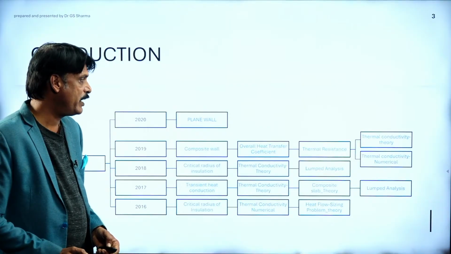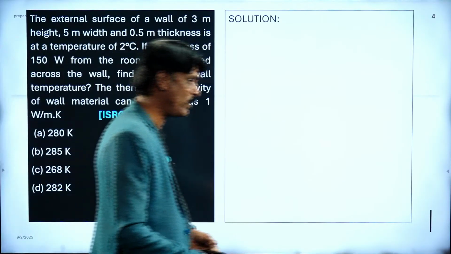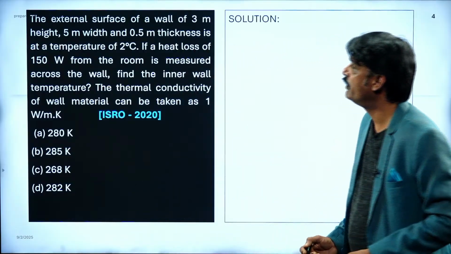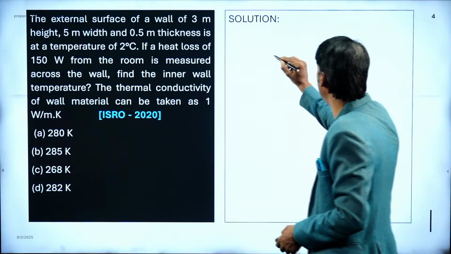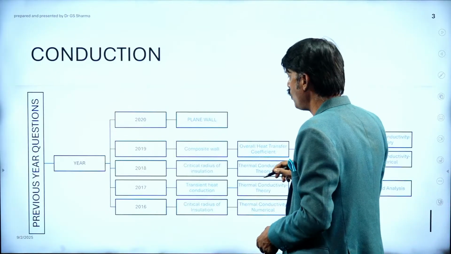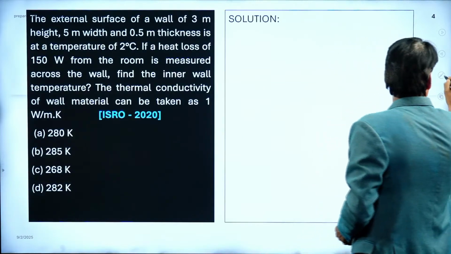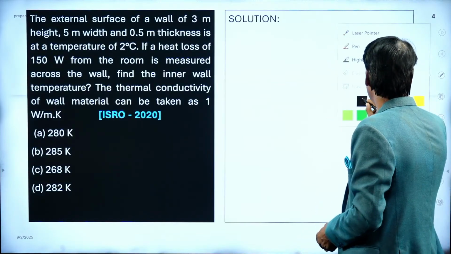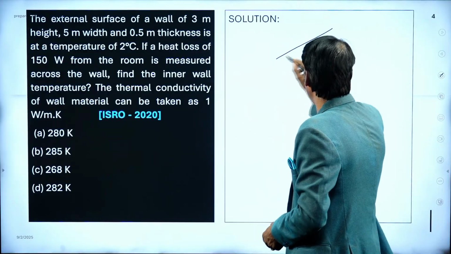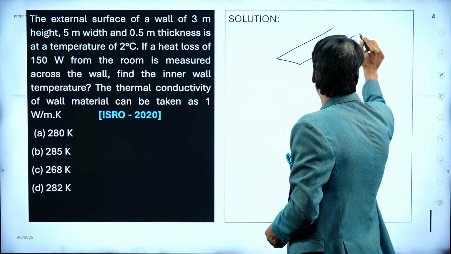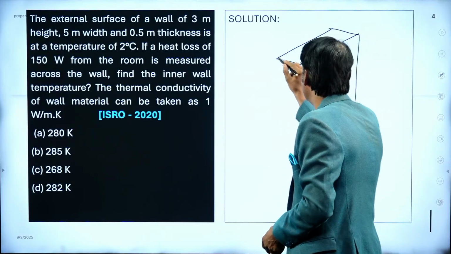If we go and check the first question, the external surface of a wall of 3 meters height. He has given a wall with different dimensions.